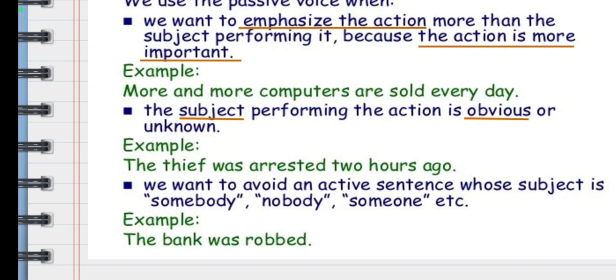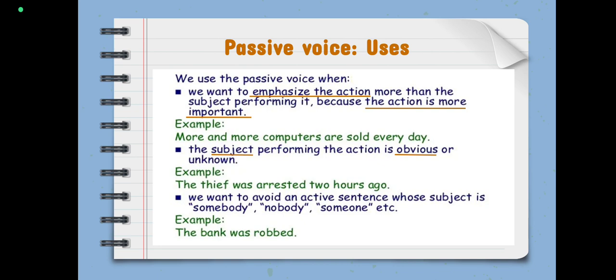Exactly. Probably the subject is the police, the policeman. The police, yes, it's good. Okay. That's the point. You're right. It is obvious that the police arrested the thief. You get it? Yeah, I see more clearly now. Thank you. Awesome. Okay, and do you have any other questions?